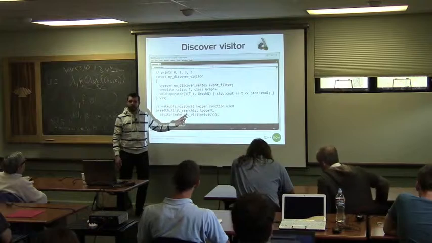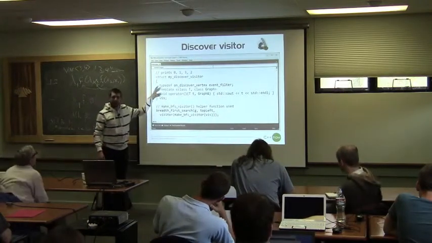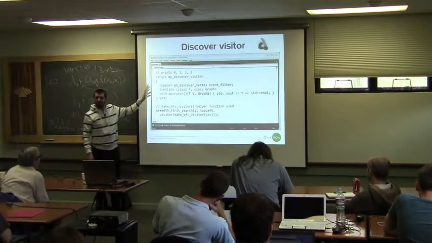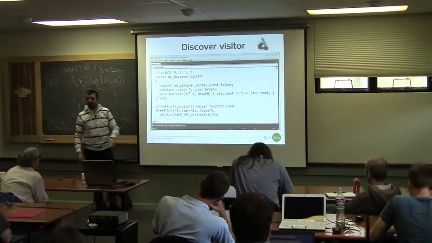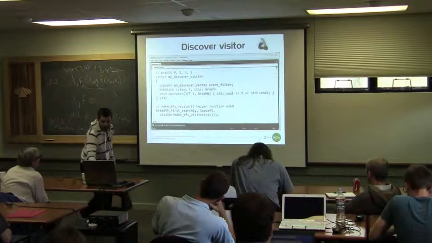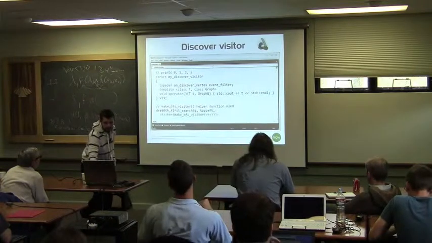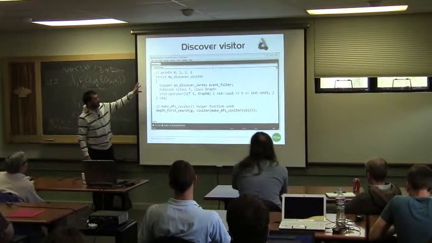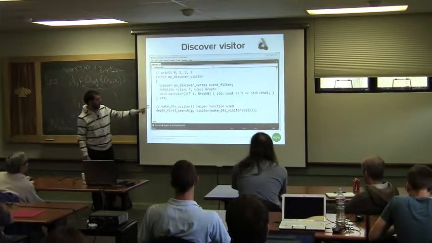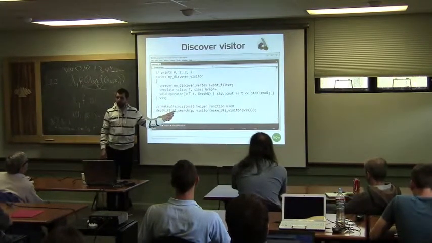Why is this function required? These visitors here are algorithm independent. You can use this visitor also for another algorithm. Here's the example. I'm using now my discover visitor, the very same struct, with the depth first search algorithm.